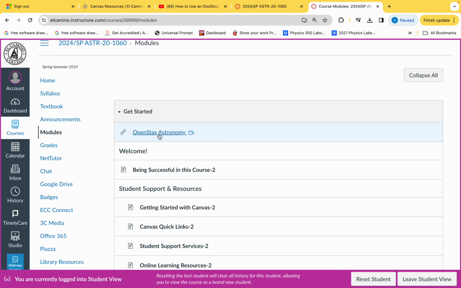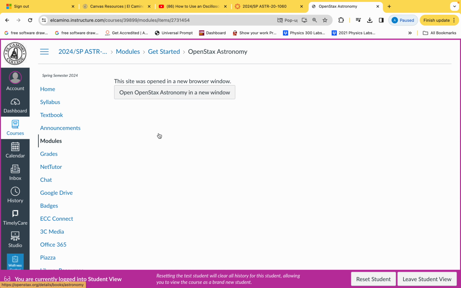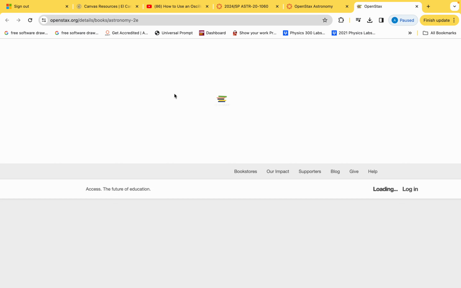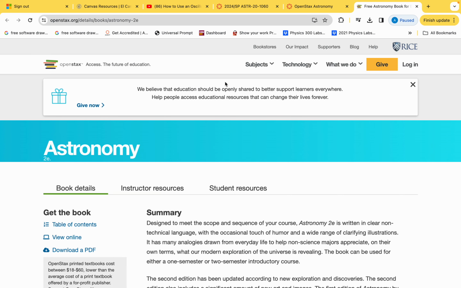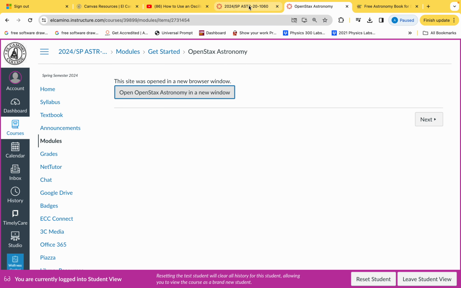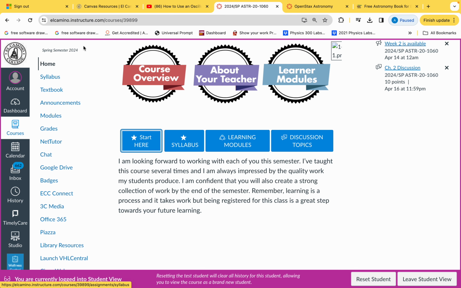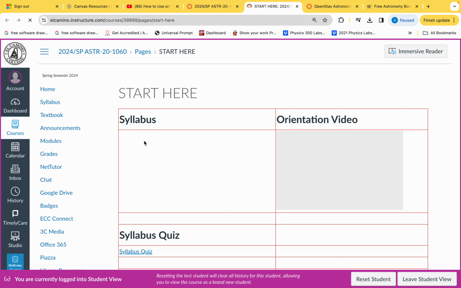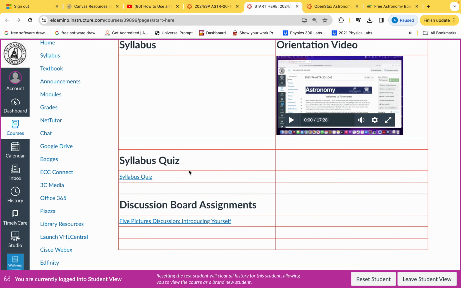And this one here is the textbook. The textbook is free. This one should take you to the textbook, chapter by chapter. I'm sorry that I'm jumping between things, but sometimes I need to do it before I forget.